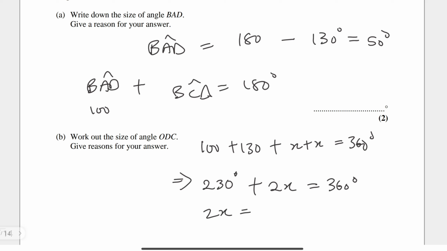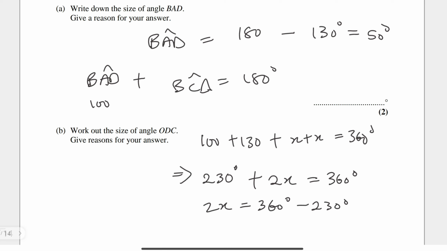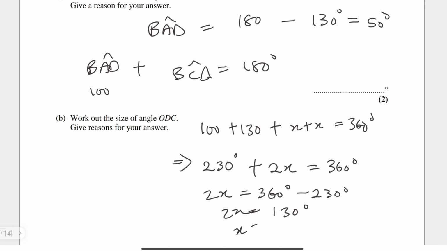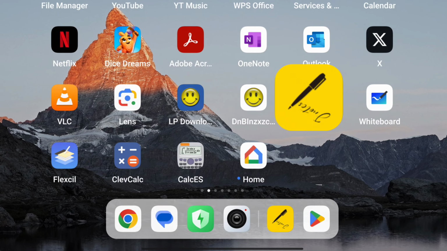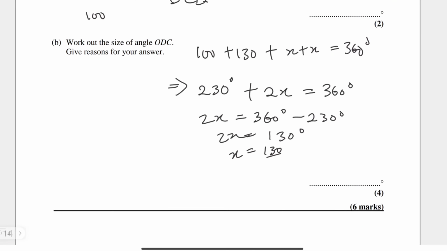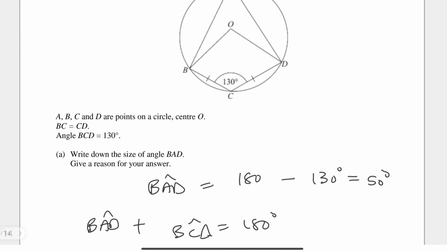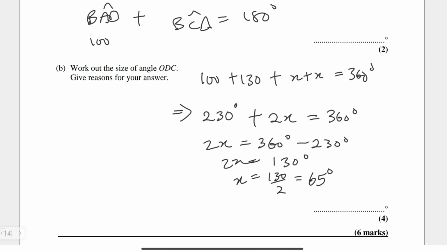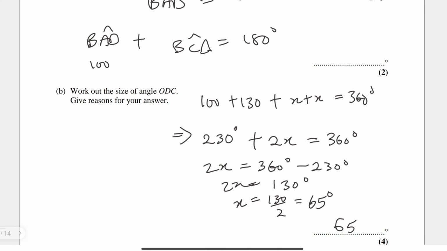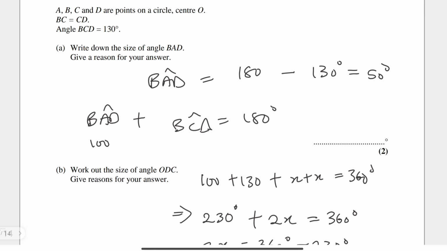So 2x is going to be equal to 360 degrees minus 230 degrees, which is 130 degrees. So that will make x equal to 130 divided by 2, which is equal to 65 degrees. So that makes ODC 65 degrees. And what are the reasons for our answer? Already we know the reasons.